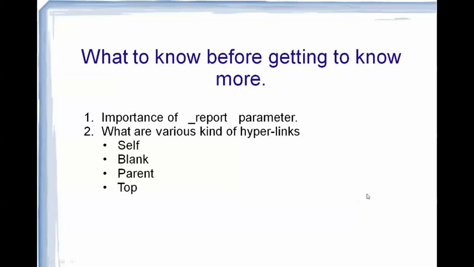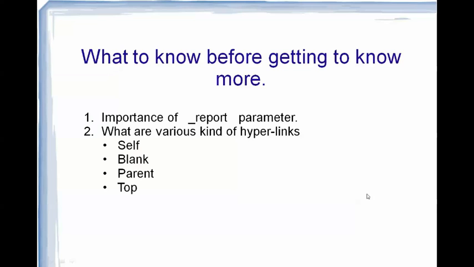So the path of the subsidiary report on the server needs to be placed in the underscore report parameter, which will tell Jasper that here is the point where we need to navigate on the click.